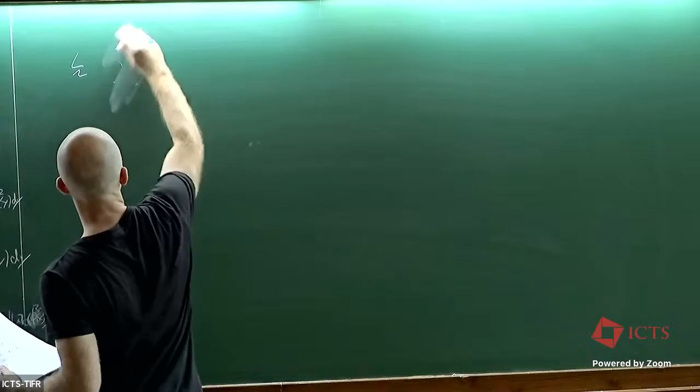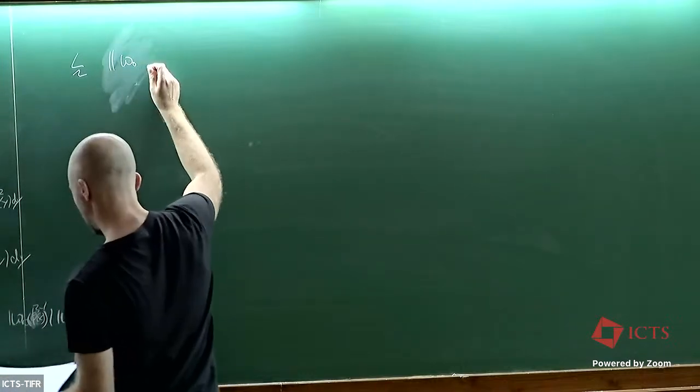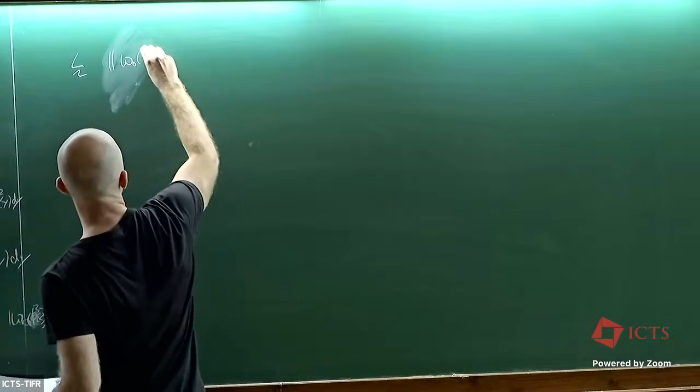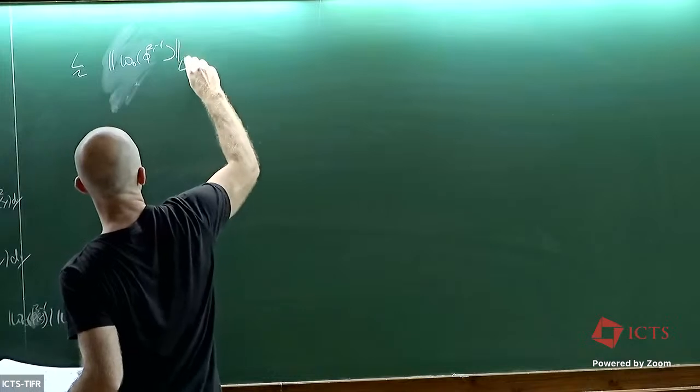We need to take omega 0 at phi 2 inverse in the L1, L infinity norm. So now I'm just plugging in exactly the estimate that I wrote down for K. So as long as F belongs to L1, L infinity, we can get this Osgood modulus of continuity.